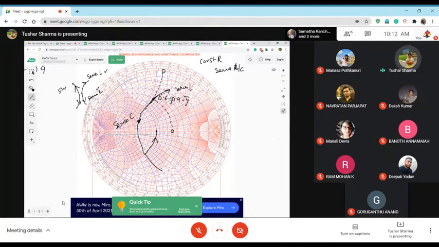One was shunt L and I had shunt C, है ना. तो if I'm going this way, this is what, anti-clockwise direction. So this will be shunt L, and then I reach 50 ohms or center, which is 1. So from here I go like this on constant R circle, and then I move on constant conductance circle. Is this clear or not?